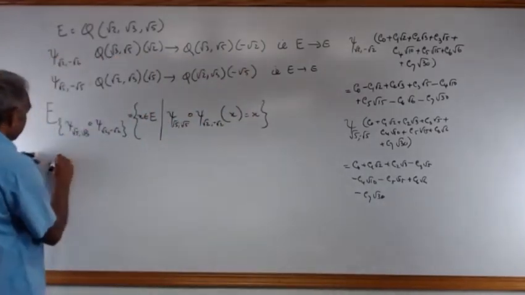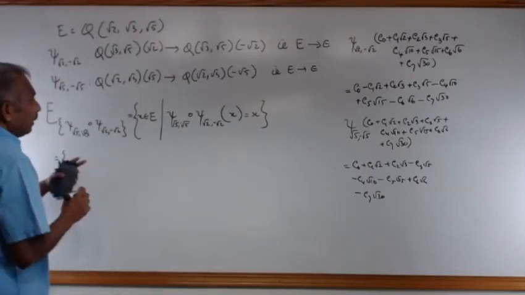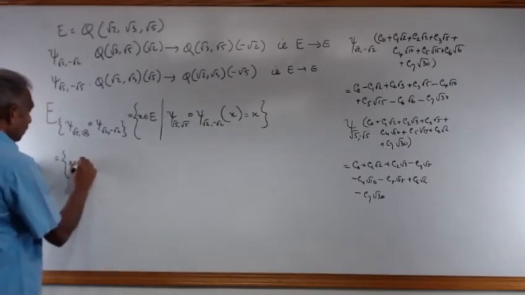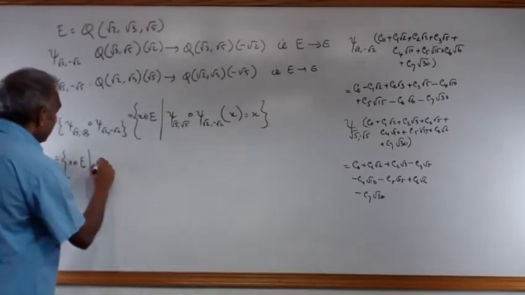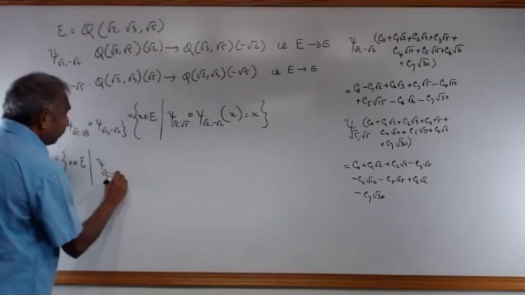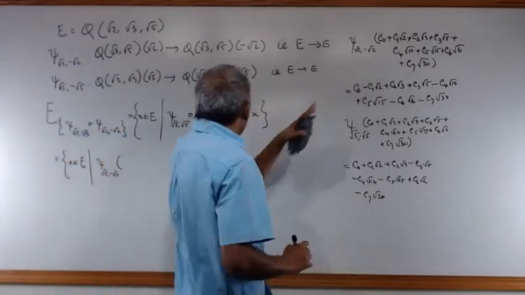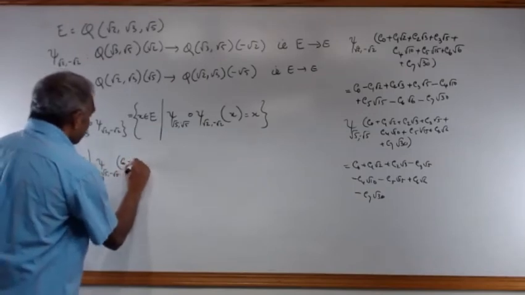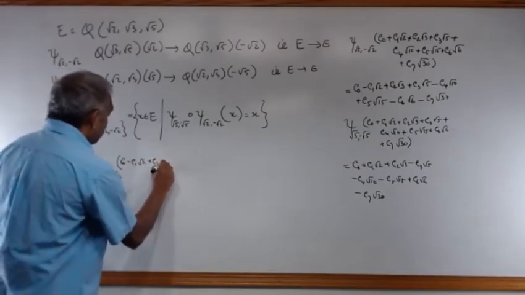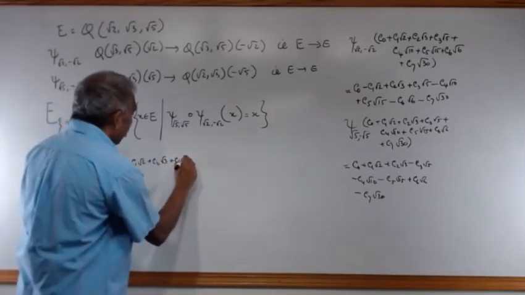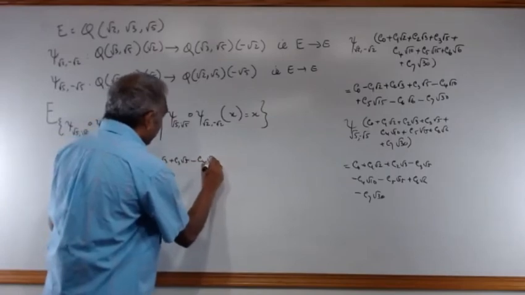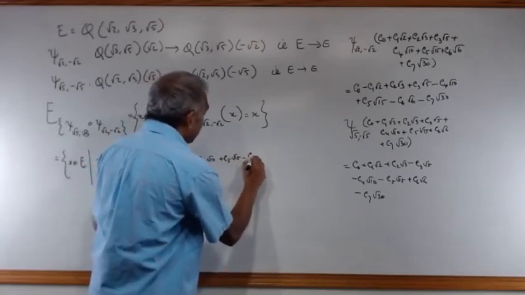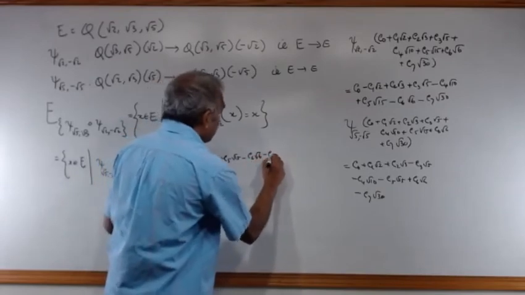So this is going to be x belongs to E such that psi of root 5 comma minus root 5 of x is again the same, and when you expand with root 2 minus root 2, this is going to be c0 minus c1 root 2 plus c2 root 3 plus c3 root 5 minus c4 root 10 plus c5 root 15 minus c6 root 6 minus c7 root 30.